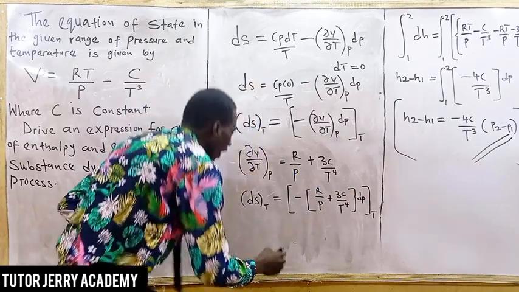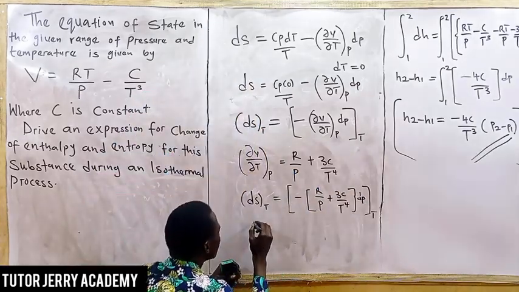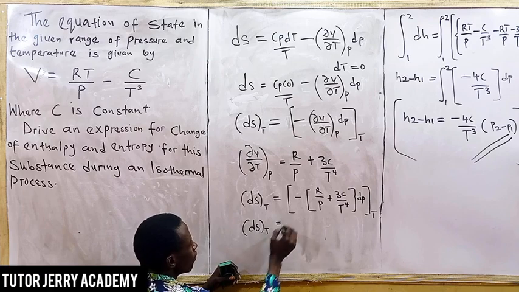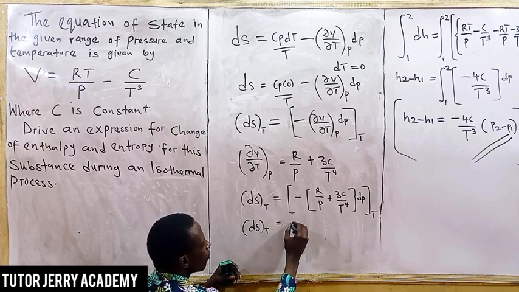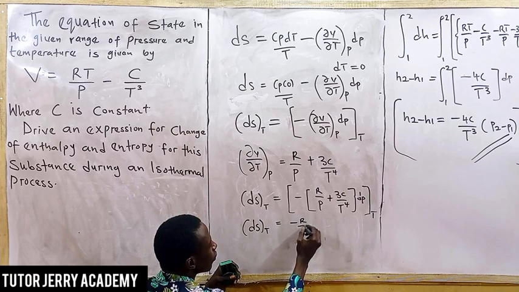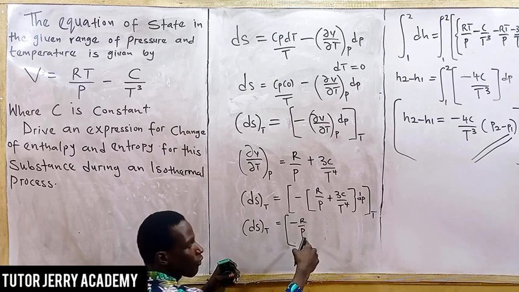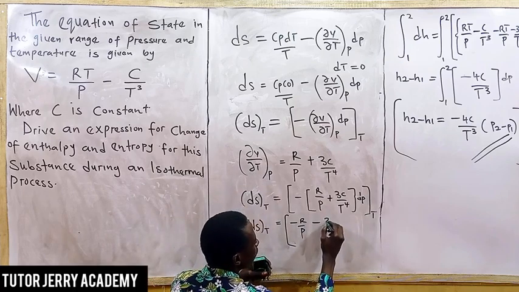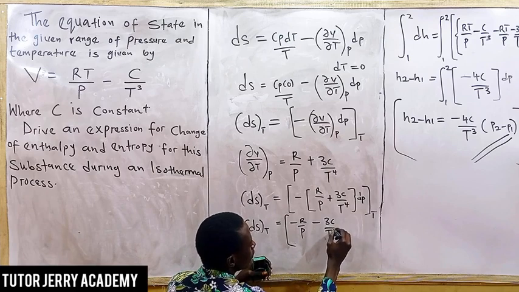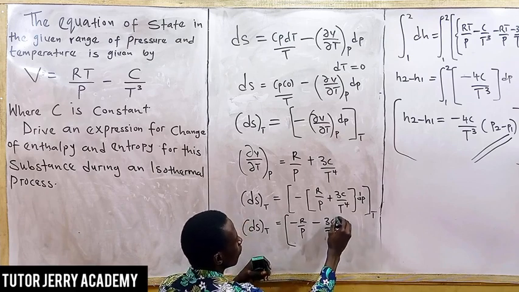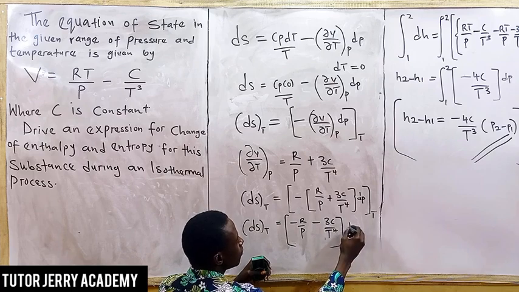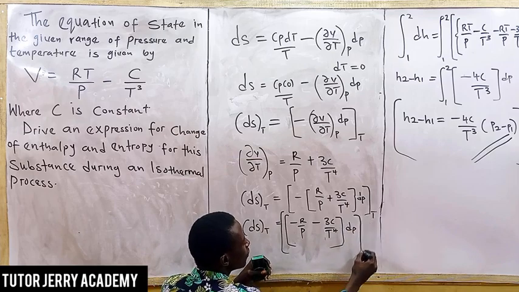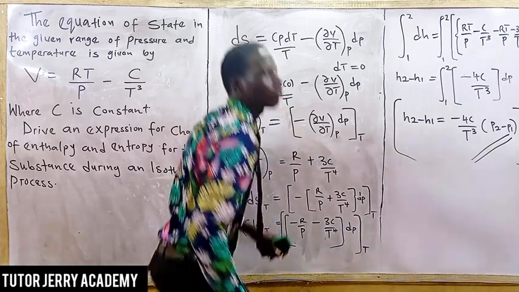If we do that, this equation becomes nothing but dS, which will be equal to minus R over P, minus 3C over T to the power of 4, dP. Mind you, T is the temperature, which is constant.